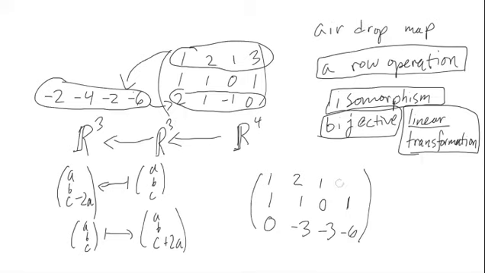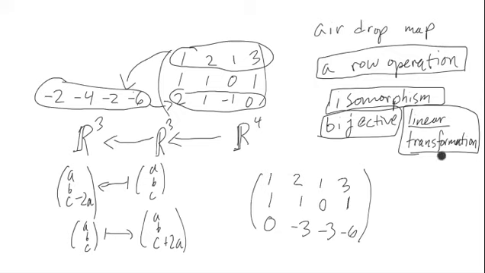Now notice what we have right here. We have a matrix which is the composition of two matrix functions. This one run first, and then this airdrop bijective operation, which we'll call an isomorphism.